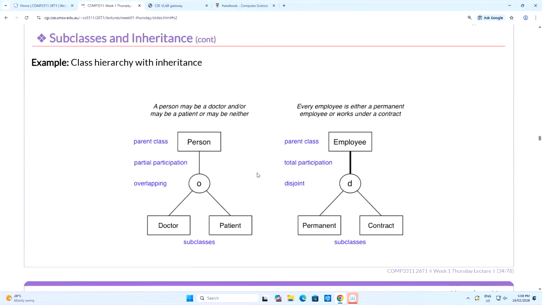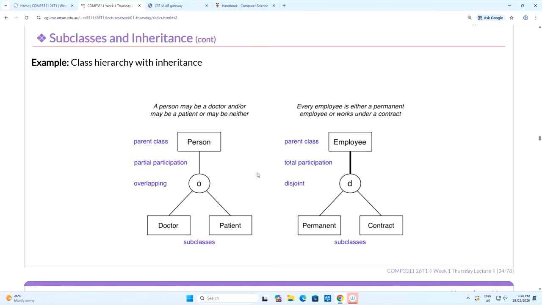Let me give you an example. Here we have the parent class person on the left-hand side, with partial participation, and it's broken down into doctors and patients. Doctors and patients are definitely overlapping, because doctors get sick too, and patients could be doctors.